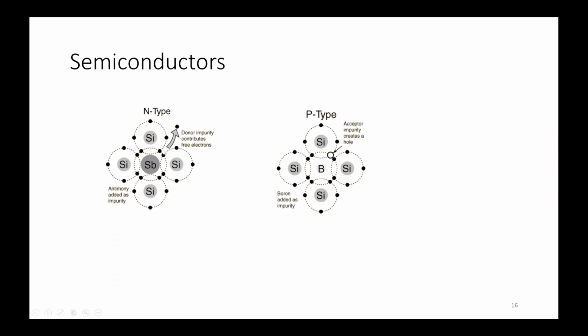So there'll be one extra electron. So it will be a donor type. These extra electrons will be conducting the electricity, while in case of boron, it will be acceptor type, so there will be formation of a hole. So these holes will be providing electrical conductivity.